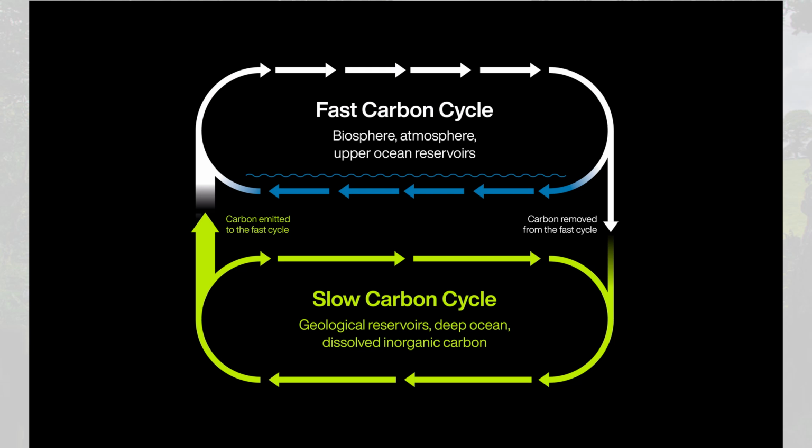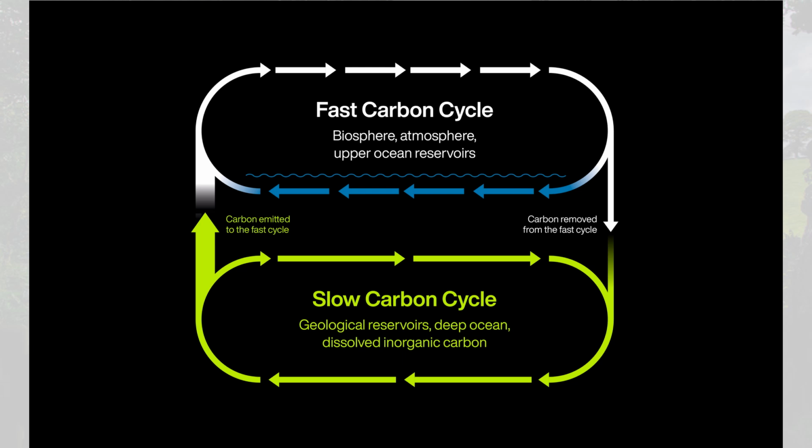Now, the carbon cycle can be of two types, which are interconnected with each other: a fast cycle and a slow carbon cycle. The fast cycle operates in the biosphere, and the slow cycle operates in rocks.